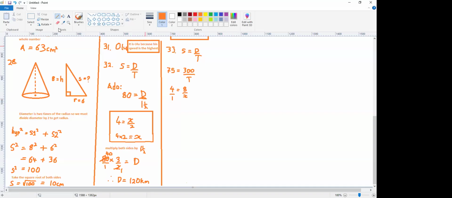In fact, let me give you a very quick way to solve it. Anytime you see yourself in this kind of scenario, 4 equals 8 over x, you know what will happen? Simply move the x to where the 4 is, and move the 4 to where the x is. Did you see what I said?